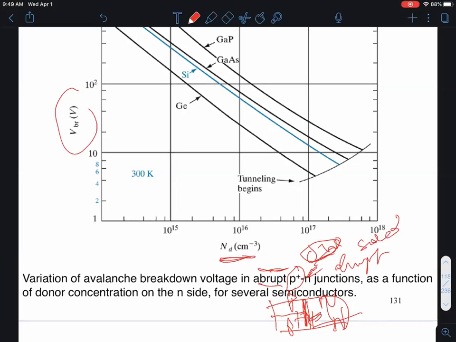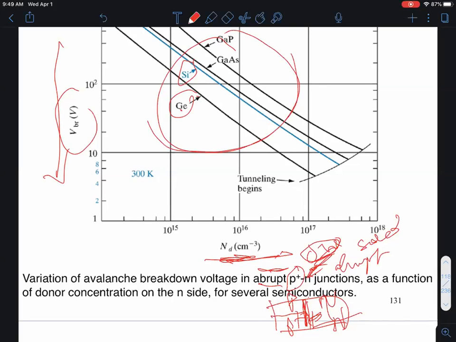So here I'm looking at the doping on the lightly doped side. And essentially what I'm seeing is, as the doping goes up, this is on a logarithmic scale, the breakdown voltage goes down. And as someone pointed out, answered correctly, silicon has a higher breakdown voltage than germanium because germanium has a lower band gap. And that's true not only for tunneling breakdown, but it's also true for avalanche breakdown, which is in this regime.